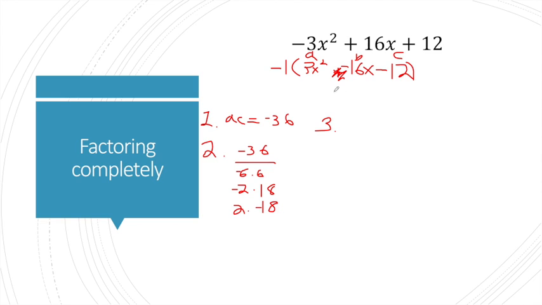Now I can rewrite the factors of my middle term. I can rewrite this middle term as 2x minus 18x. Remember, we don't want to forget the factor we pulled out before.